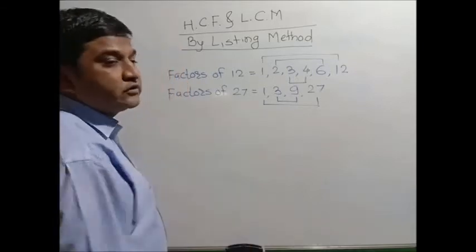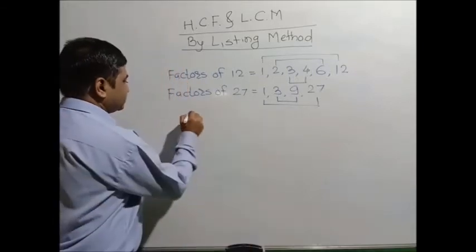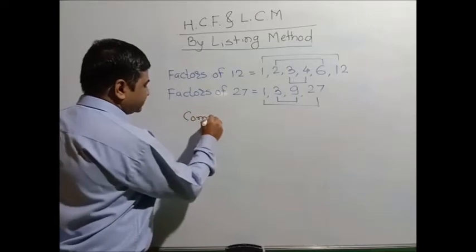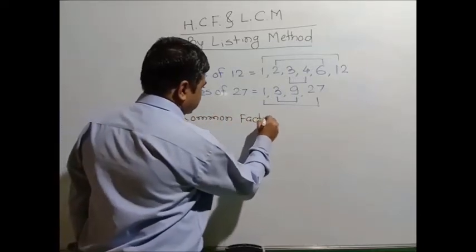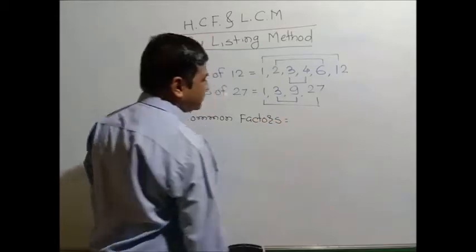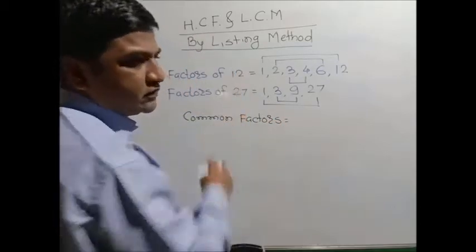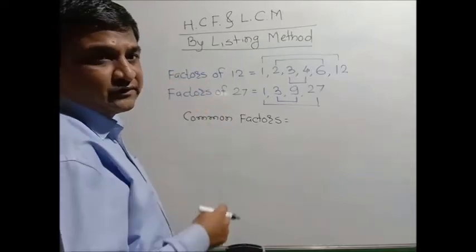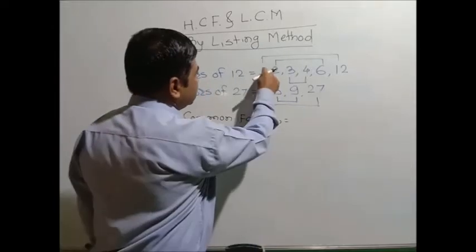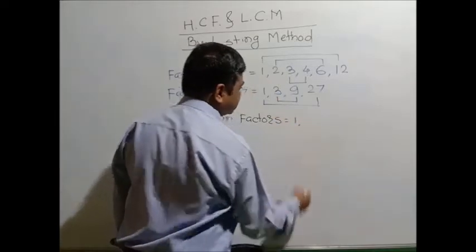Now we will list out the common factors. Why common factors? Because these are all the factors which are common to both the numbers. They can divide both the numbers exactly without leaving any remainder. For example, 1 is there. 1 can divide both the numbers.